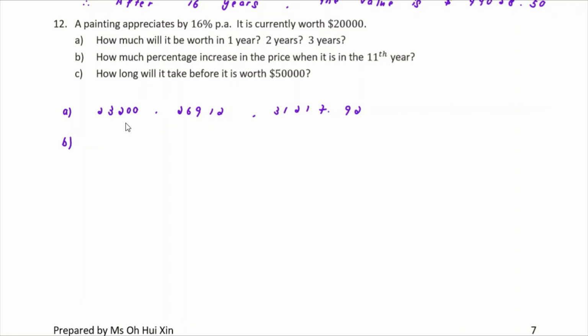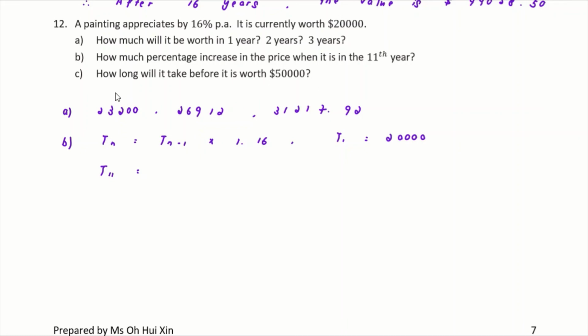Since we already use the recursive rule, Tn equals Tn minus 1 multiplied by 1.16, and we already put in our calculator that T1 is 20,000, our initial term starts with 20,000, which is in the first year. So if we want to find out the 11th year, then we are reading T11. I hope that you get what I mean.